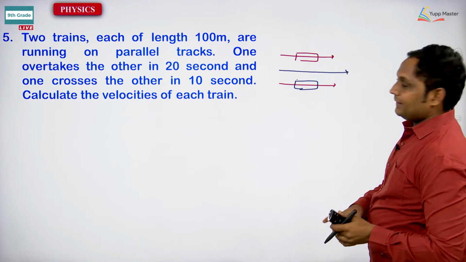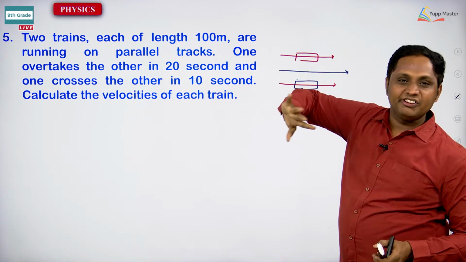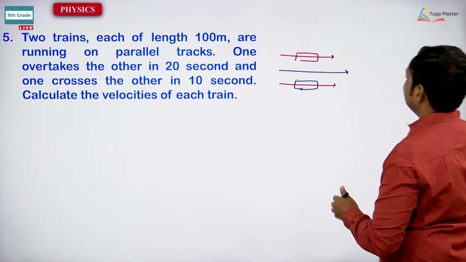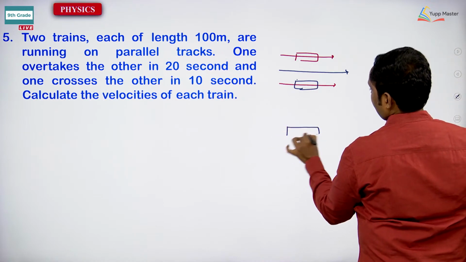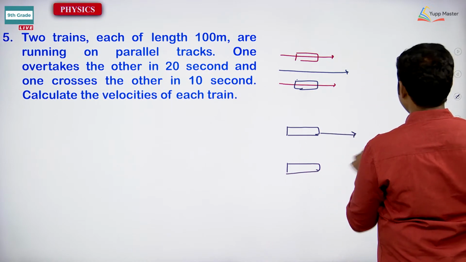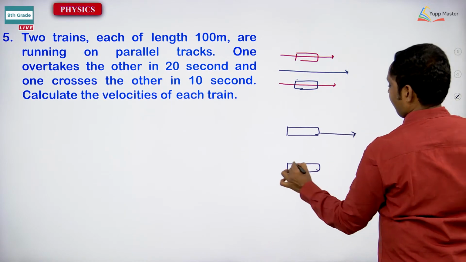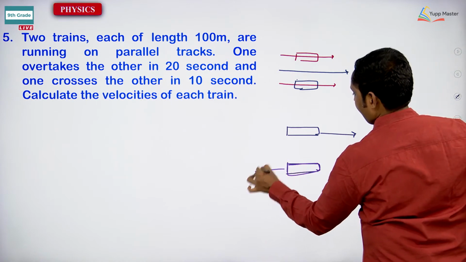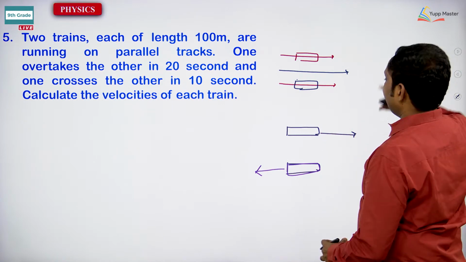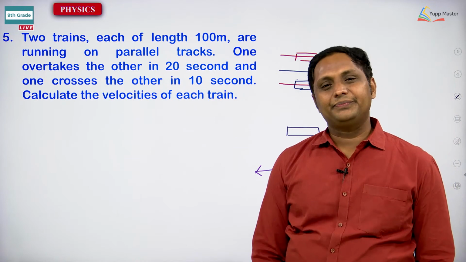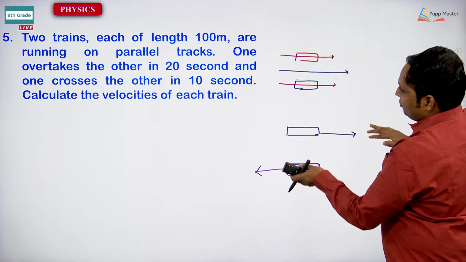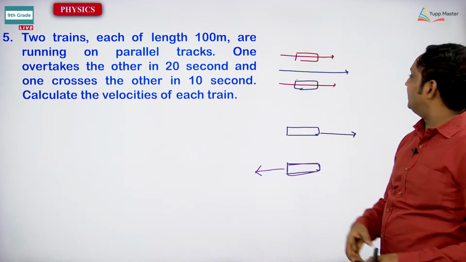They are crossing each other and they will overtake. Just take the consideration of overtake. Two trains are there, crossing each other, overtaking, just take that.